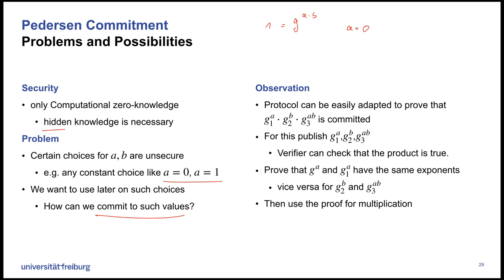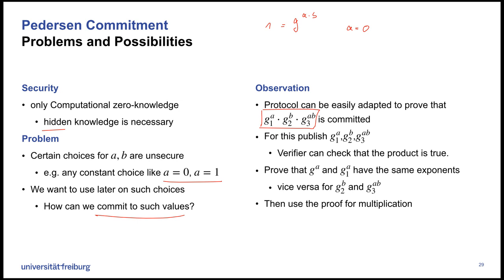Now, what you can also do, you could adapt the protocol and make a single number and have 3 different generators, G1, G2, and G3, and look at the product. And then you just have to commit to G1 to the A, G2 to the B, and G3 to the AB.